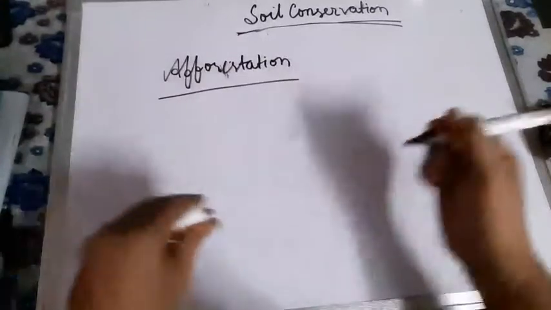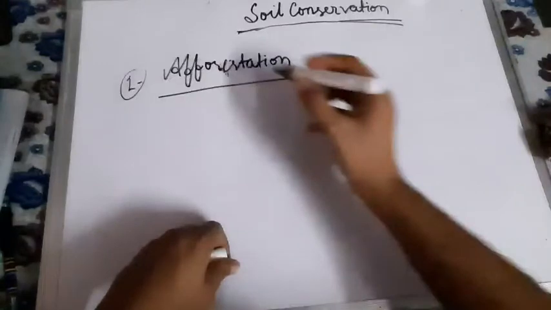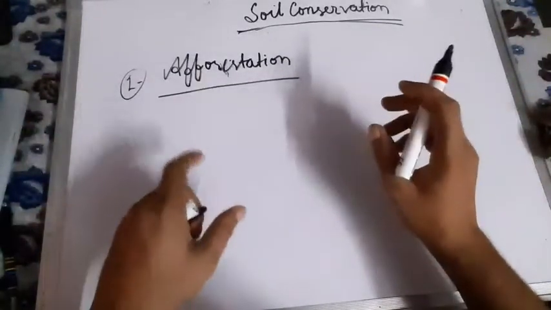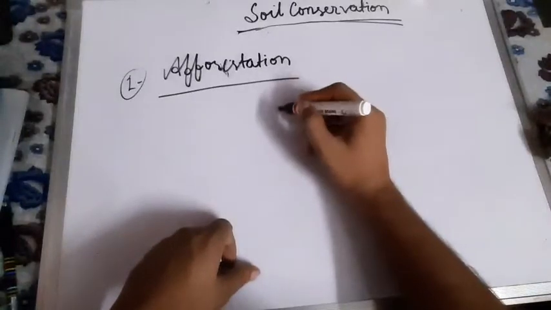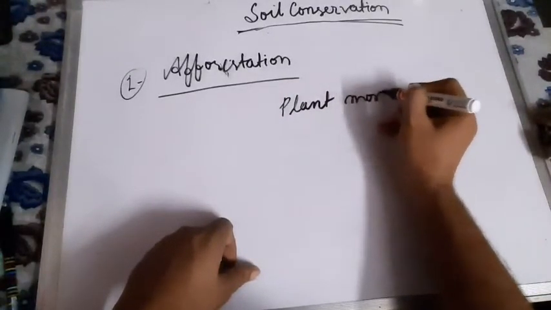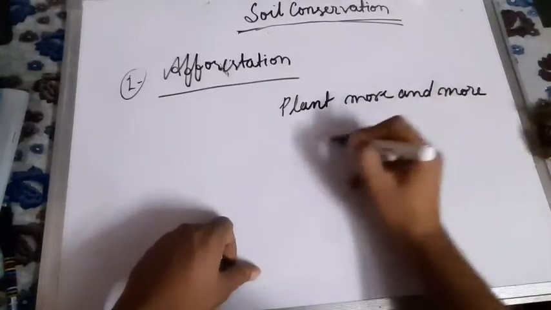Now let's understand afforestation. This is the best method for preventing soil erosion. In afforestation, we plant more and more trees.